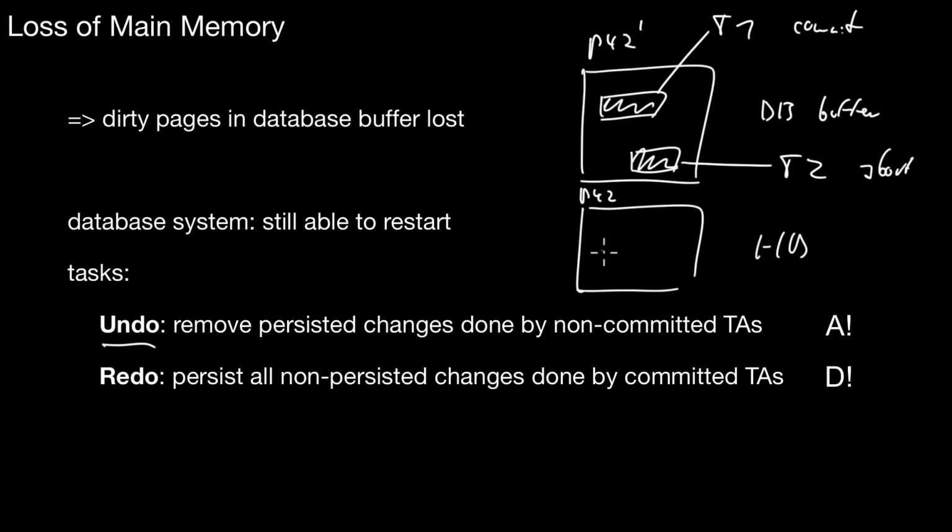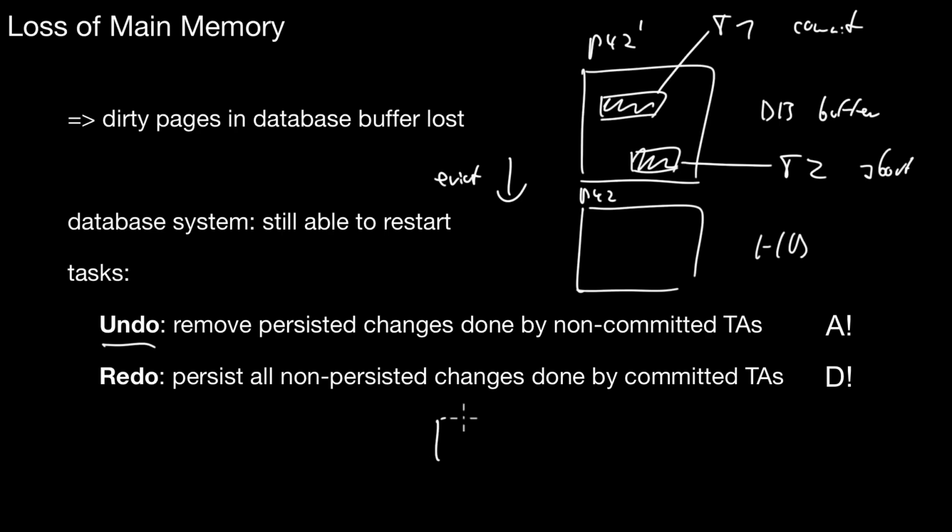That may happen because the database buffer evicts the page. If you remember when we talked about the database buffer, I did a separate video on that. The database buffer may evict a page, and if it evicts a page that contains a change done by a transaction that then does not commit, we will have a situation as follows.